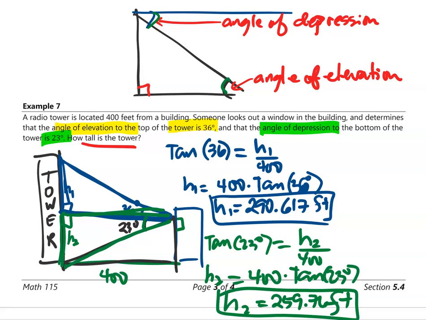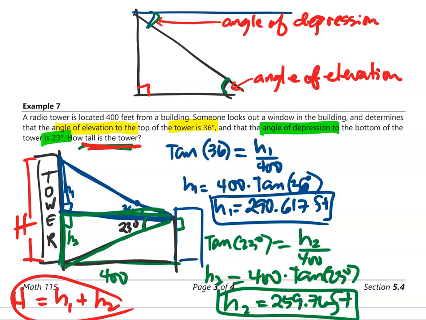And then now we want to get the height of the tower. How do we get the height of the tower? So from here to here, let's say this is the height, and we can say that the height is equal to h1 plus h2. So you can use that to solve for the height of the tower.